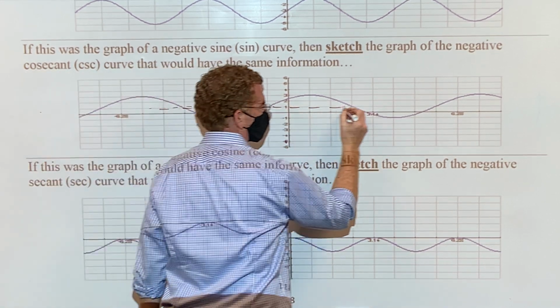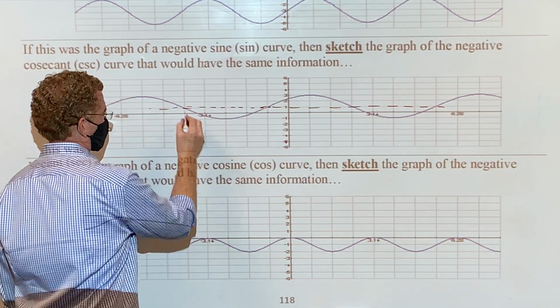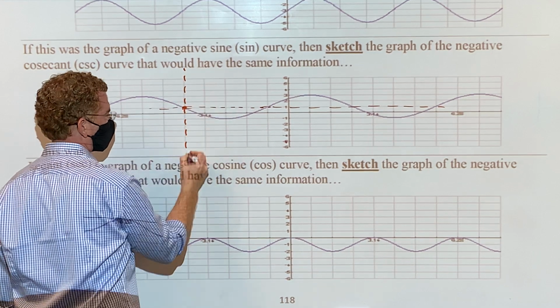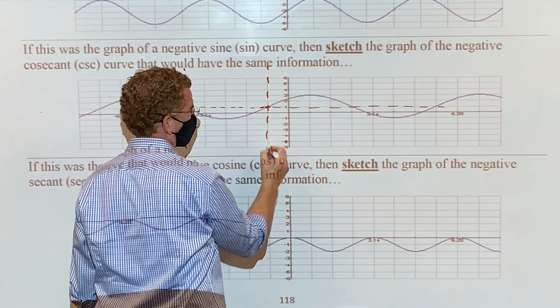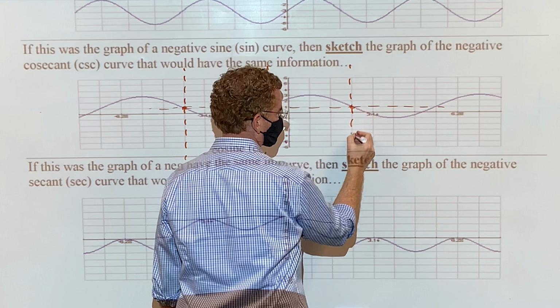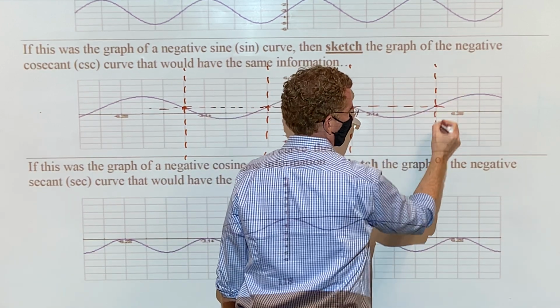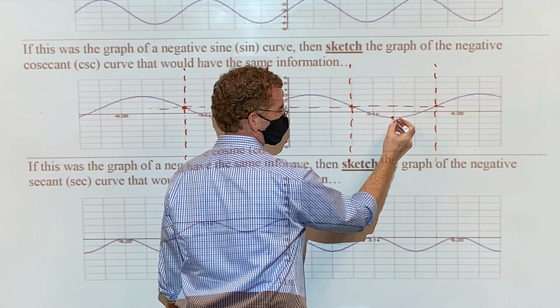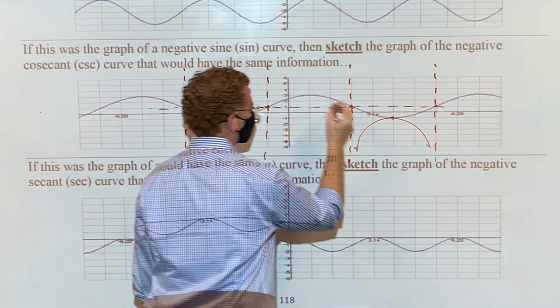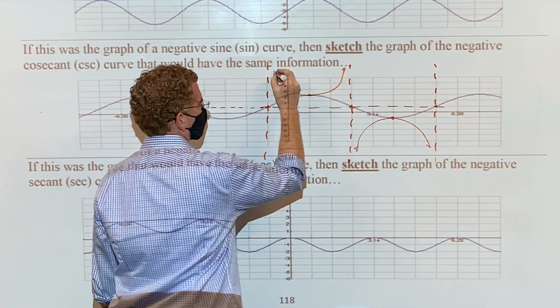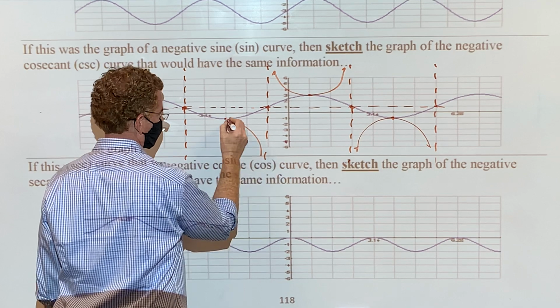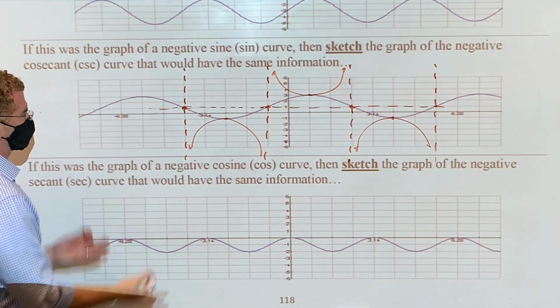So really I can go, okay, it's undefined there. Once I get this thing figured out, it's undefined there, and at the bottoms, curves down, the tops, curves up, etc., etc.